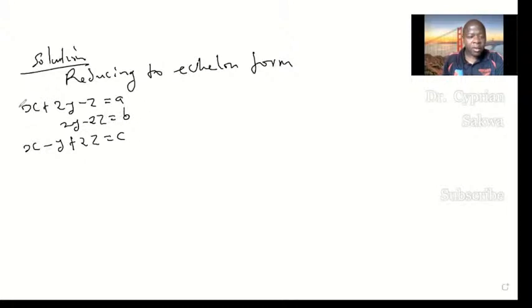So I want this to be the only non-zero element in column 1. You can see that this is x, and there is 0x here. So I also want this one to be 0. What do I do? What I need to do is subtract the first equation from the third equation to get my new third equation.